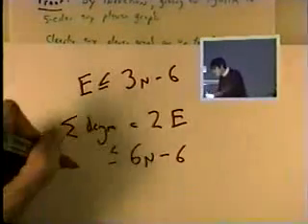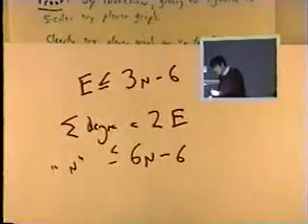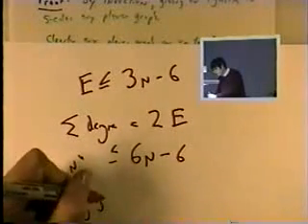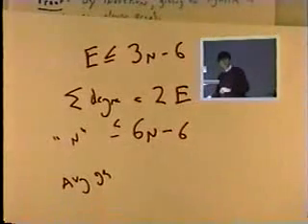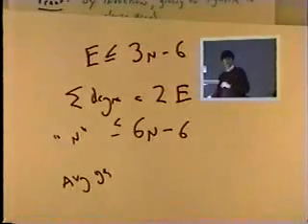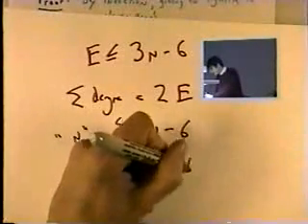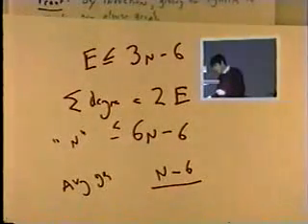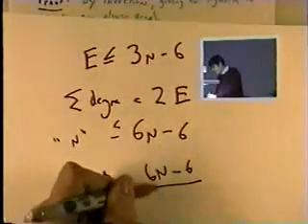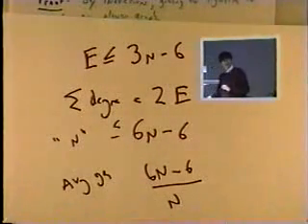Now, if we have n vertices, what is the average degree? The average degree of a vertex in a planar graph is at most 6n minus 6 over n.